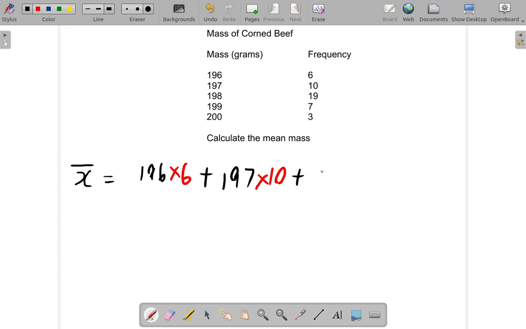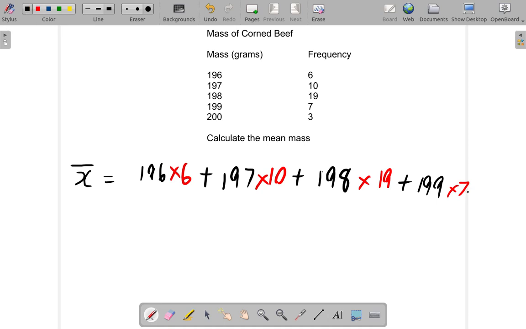Plus, and you have 198 grams, and there are 19 of them, so you multiply by 19, right? Plus 199 grams, and there are 7 of them, so you multiply by 7.